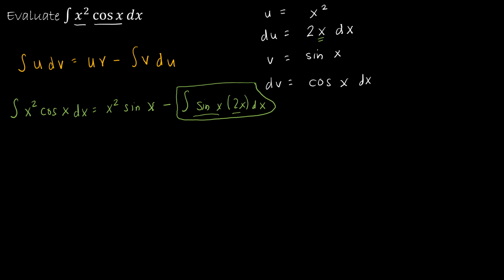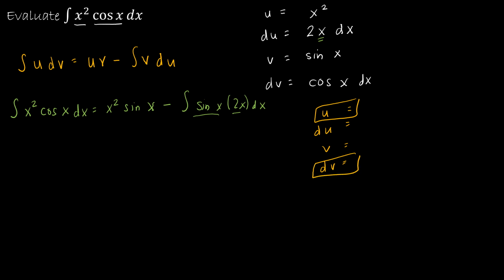So I'm going to go ahead and redo this. So u, du, v, dv, just as I did before. It's not super difficult, it's just more work, really. Again, I have to choose sine x and 2x. I have to assign those to either u or dv, just as I did here, where I took the one that would have the simplest derivative and made it u.